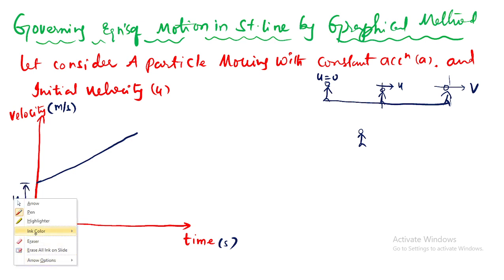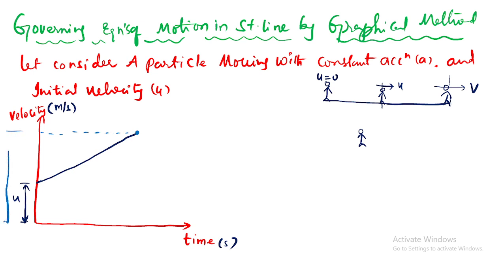Now at this particular point, it has a final velocity, what is that here? V. Got it? Now when you saw it, the time was 0 at that point. Now at this particular point, the time was T. Clear? Any difficulty?